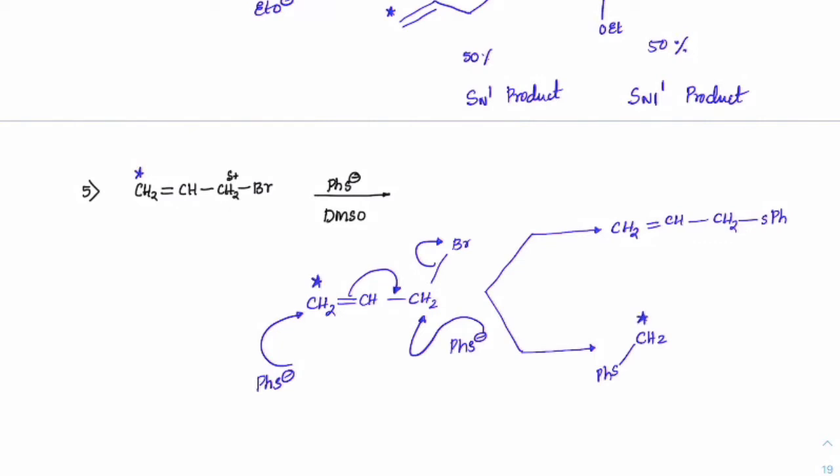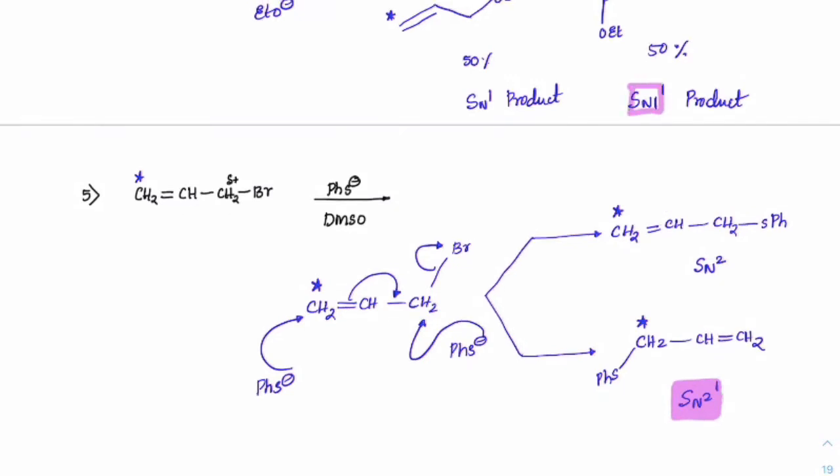So this carbon is the isotopic carbon, and we will get CH double bond CH2. This is the SN2 product, and this one is the SN2 dash product. Just like the definition of SN1 dash, here also it is SN2 dash.